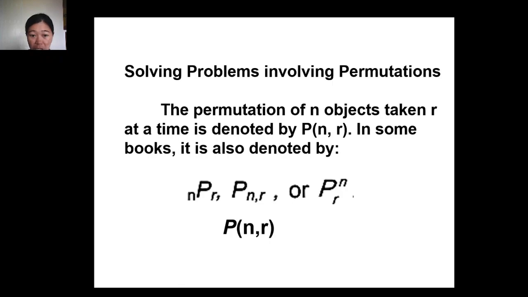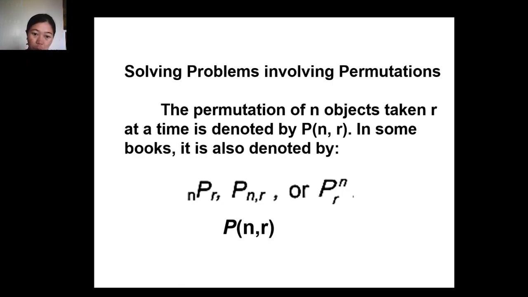Yung second notation, subscript din yung n and r. Sa last notation, subscript yung r, superscript yung n. So, lahat ng notation na yan, pag binasa natin, babasahin natin siya na permutation of n objects taken r at a time. So, pare-pareho lang ang pagbasa dyan, kahit aling notation ang gamitin nyo.